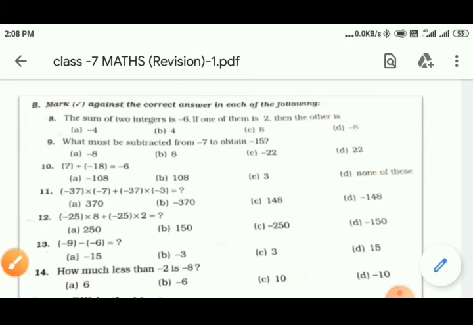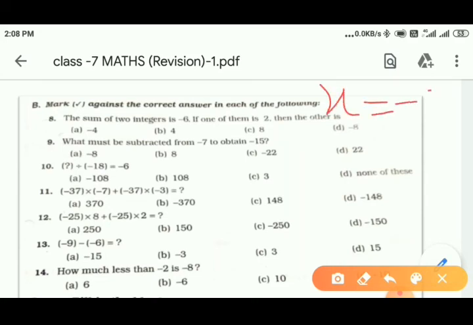Now the next is you have to write the number on the question mark place. So what number do we need to divide by minus 18 to get minus 6? This we can also do by considering it as x.